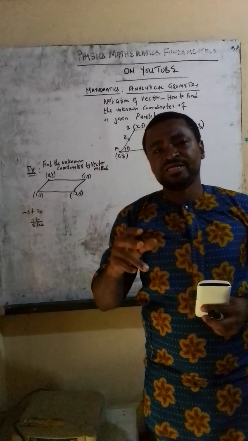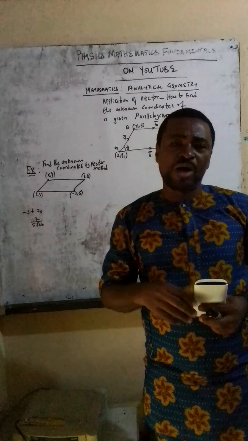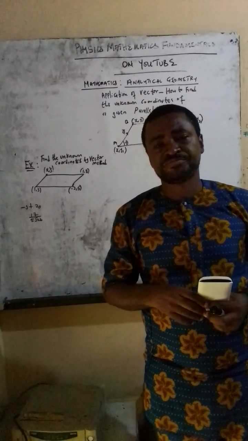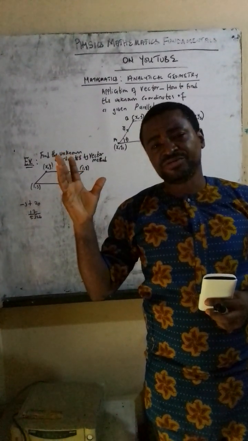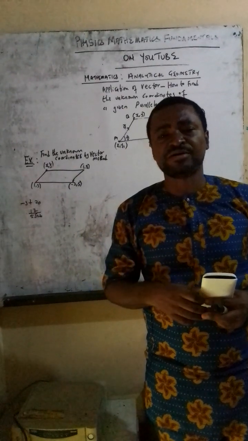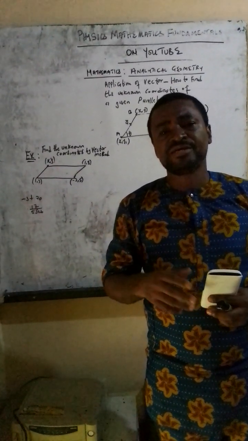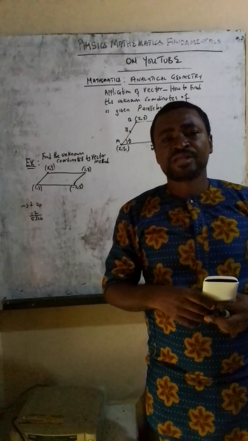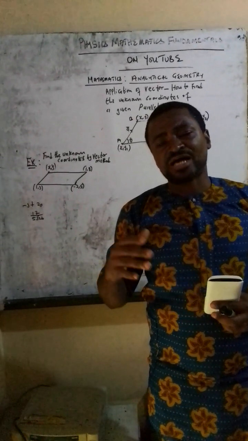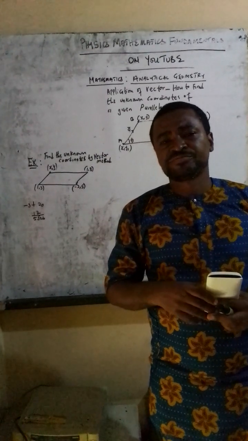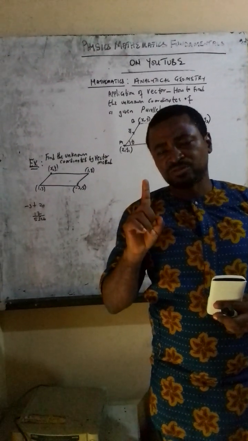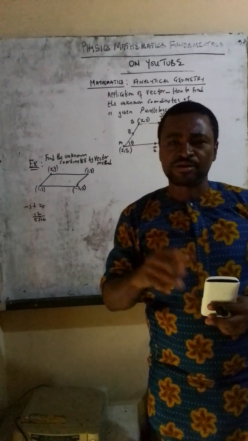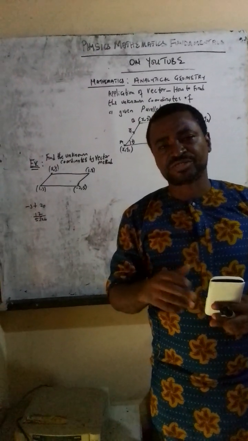Today we are taking a topic relating to application of a vector. In my former video, I've explained what vector is all about. So today we want to dwell into the application of vector, and the two aspects we are going to deal with today are: case 1 is to find angle theta between two vectors.